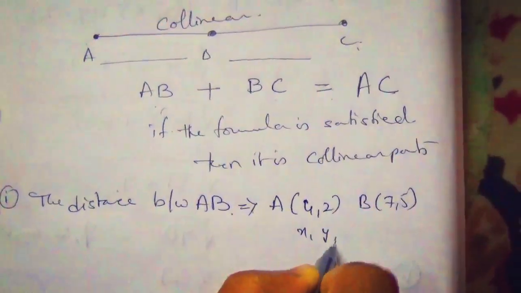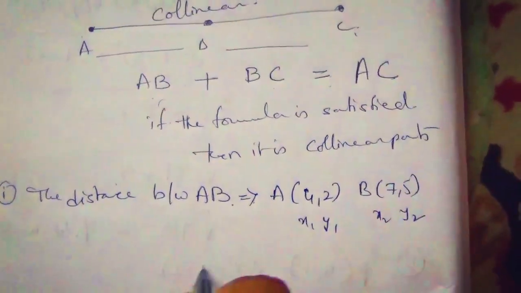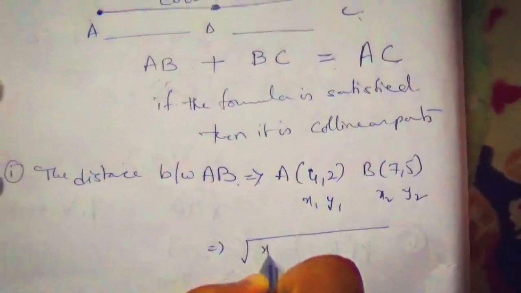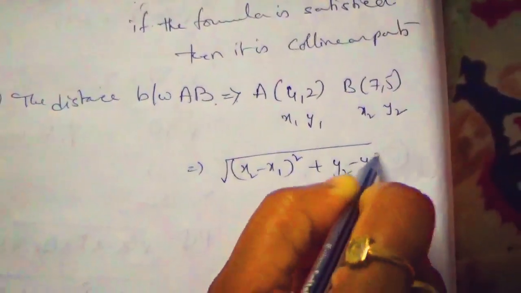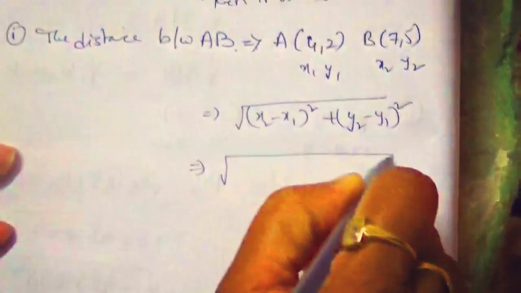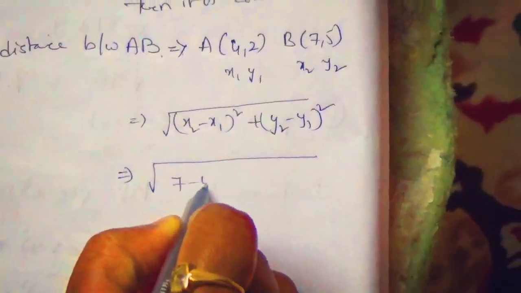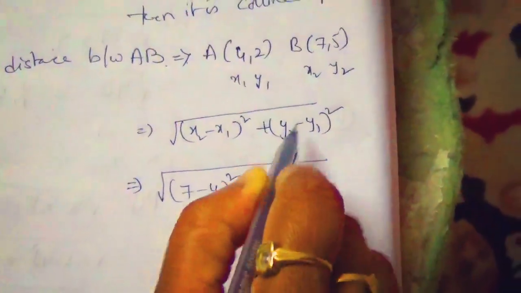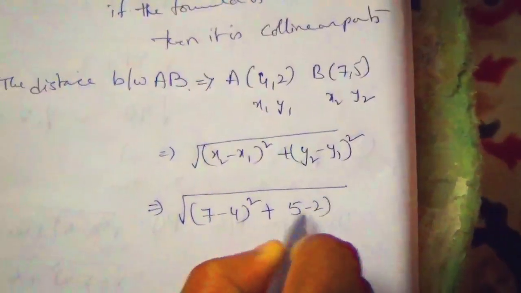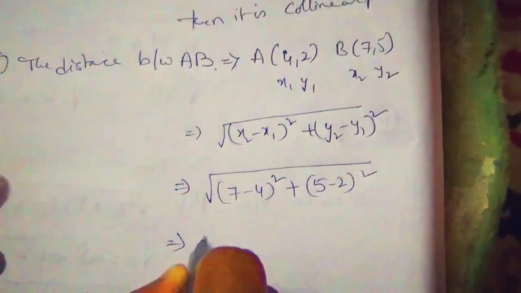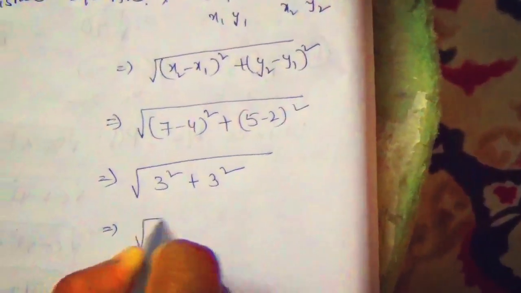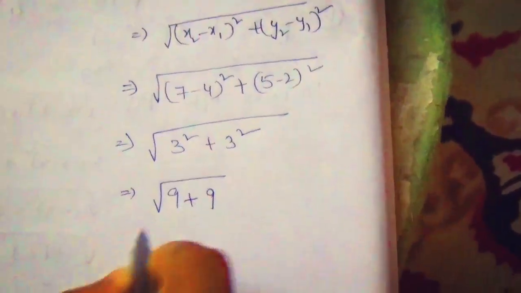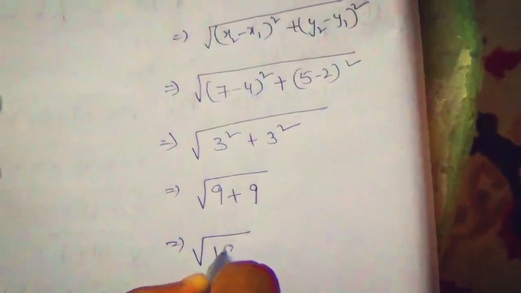Let us take them as x1, y1, x2, y2. The formula is the square root of (x2 minus x1) whole square plus (y2 minus y1) whole square, that is the square root of (7 minus 4) whole square plus (5 minus 2) whole square, that is the square root of 3 square plus 3 square, that is the square root of 9 plus 9, that is the square root of 18.